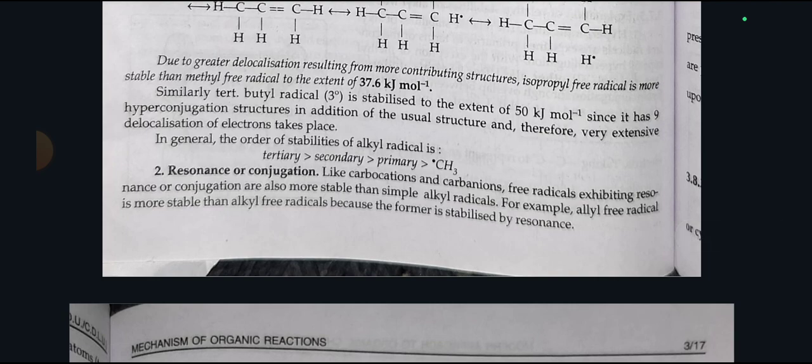And due to greater delocalization resulting from more contributing structures, isopropyl free radical is more stable than methyl free radical to the extent of 37.6 kJ per mole.